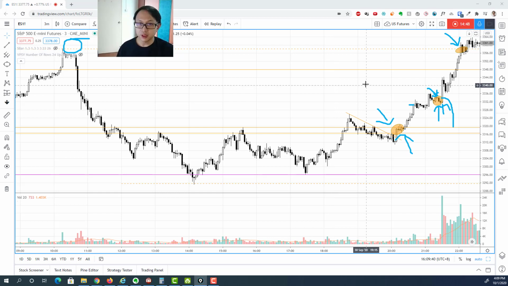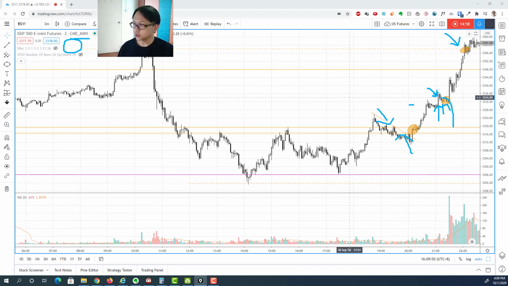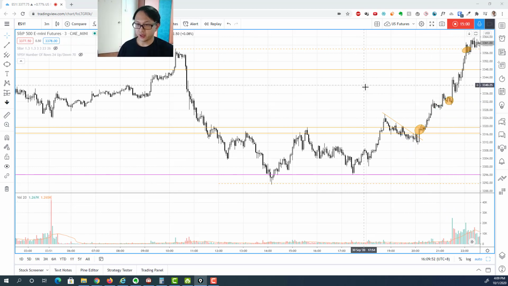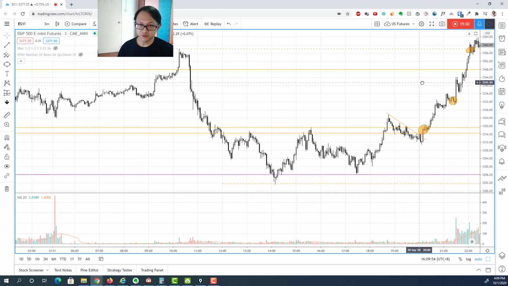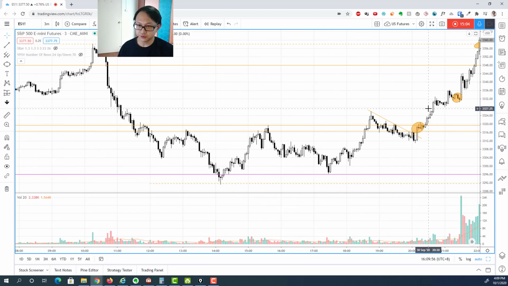So overall, the net reward to risk ratio is around 2.4 or 2.2, which is relatively nice for me. So that's how I actually trade this kind of routing bottom breakout trade.